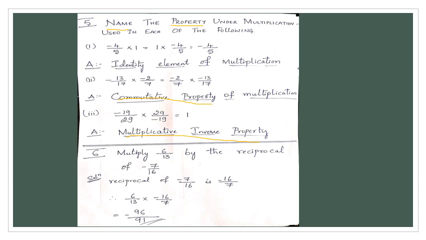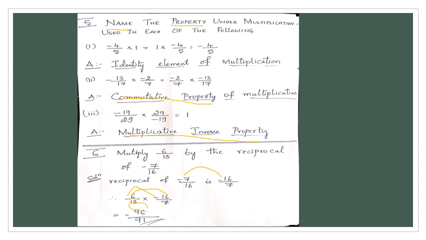See, multiply 6 by 13 by the reciprocal of minus 7 by 16. Children, first write down the reciprocal of minus 7 by 16. The reciprocal of minus 7 by 16 is minus 16 by 7. So write down the 6 by 13 as it is into minus 16 by 7. Children, multiply the symbols, plus into minus, minus. 6 16s are 96.